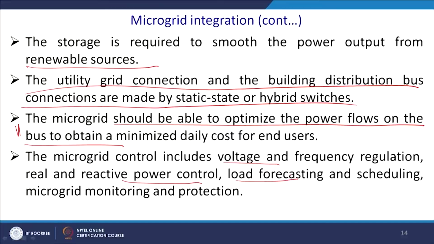So, the size of the storage element reduces, and there is microgrid monitoring and protection. Protection is a very important issue, especially in the DC microgrid, because it does not have a natural zero crossing as explained in the case of the AC system.